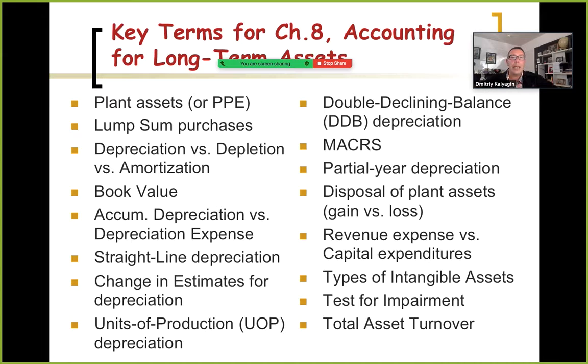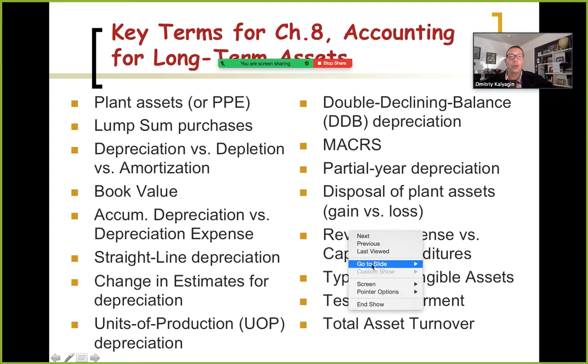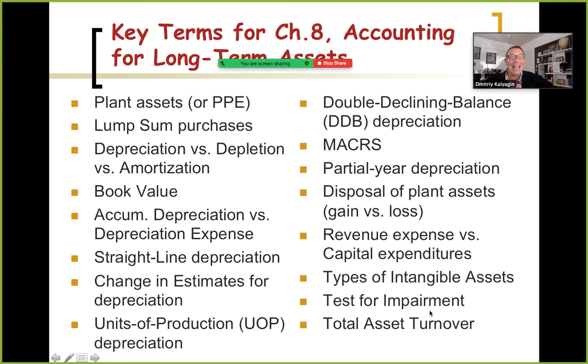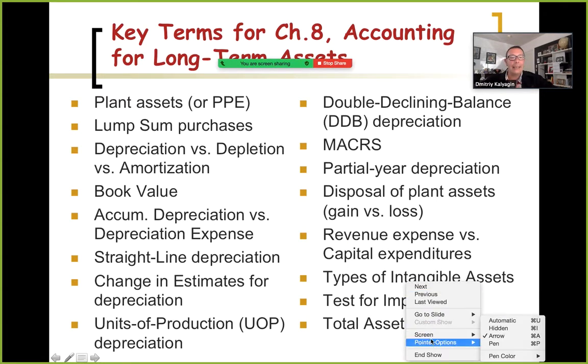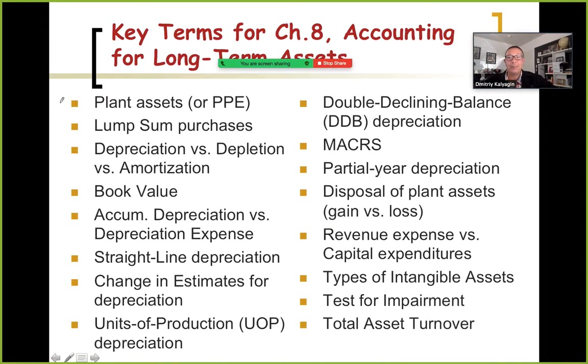In chapter 8, we talked about long-term assets. We identified 3 groups. The first group was called plant assets, or PPE, plant, property and equipment. And then we talked about natural resources. I did not include them here.